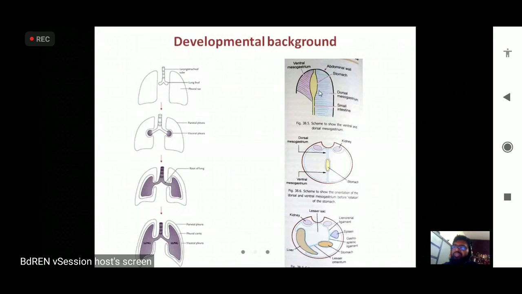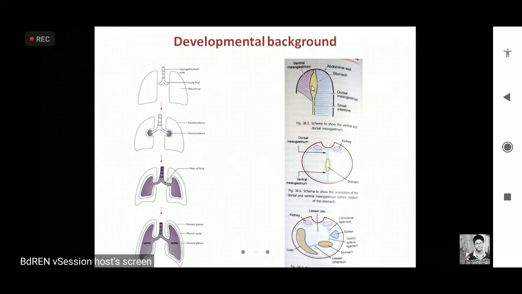But if we follow how this final arrangement is achieved, then it is easy. Let's start with this one. This is the stomach, and this is the abdominal wall, and this is the small intestine. This is ventral mesogastrium. You know, initially it is a straight tube, then it rotates. The rotation of the gut you have studied or you'll study, and this is the ventral mesogastrium.